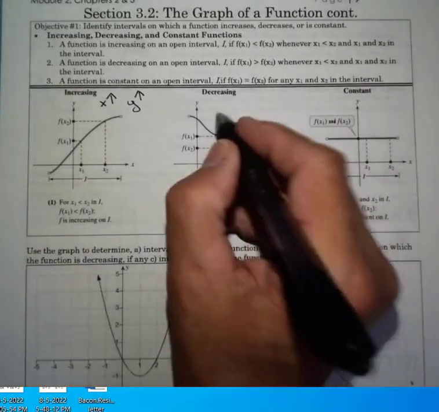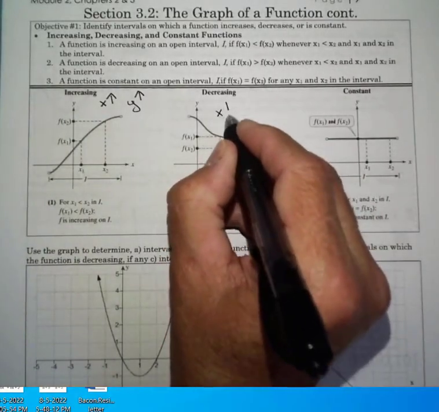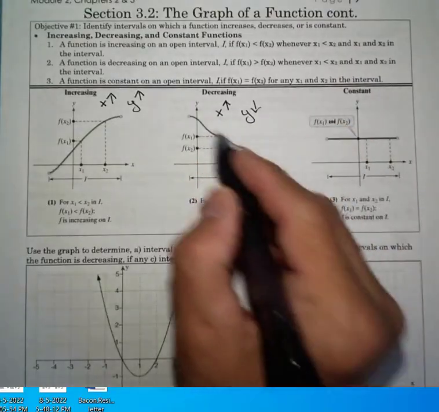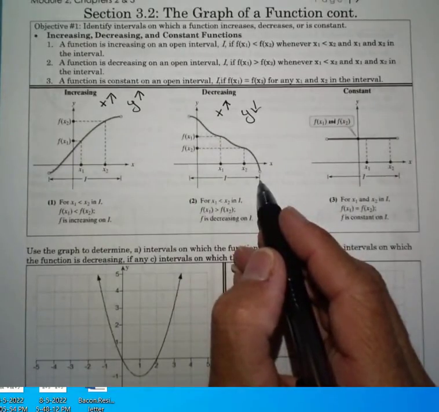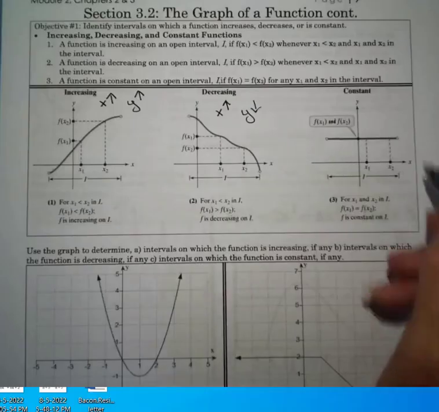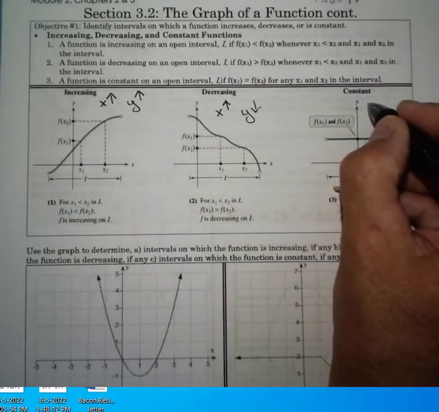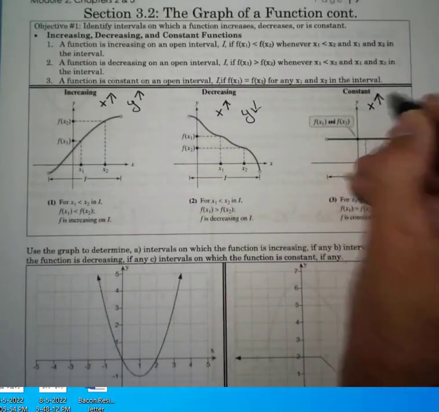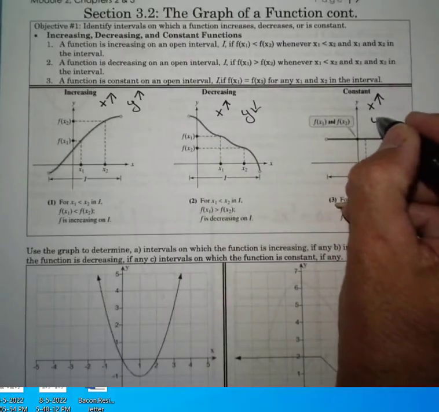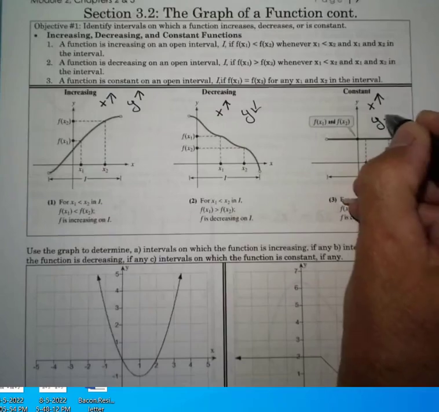When it's decreasing, as the value for x goes up, the value for y is going to go down. And that's going to be my decreasing thoughts. And then as it's a constant function, as x increases, we'll just talk about how it goes straight up the number line, y stays the same.